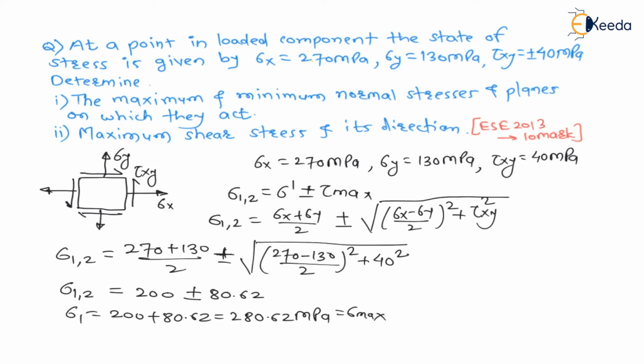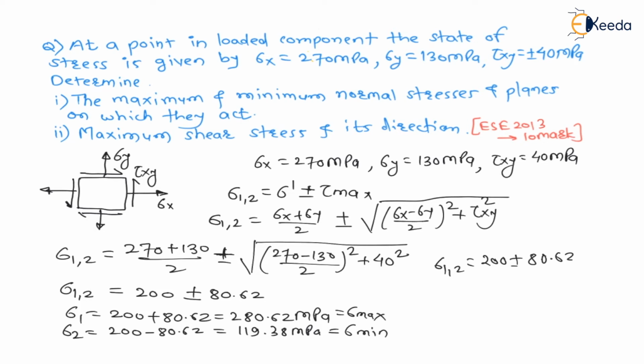And while finding sigma 2, we put the negative sign: 200 minus 80.62, which is 119.38 MPa, the minimum normal stress, sigma min. And the under root term in this formula, sigma 1, 2 equal to 200 plus or minus 80.62, this 80.62 is nothing but the maximum shear stress, tau max.